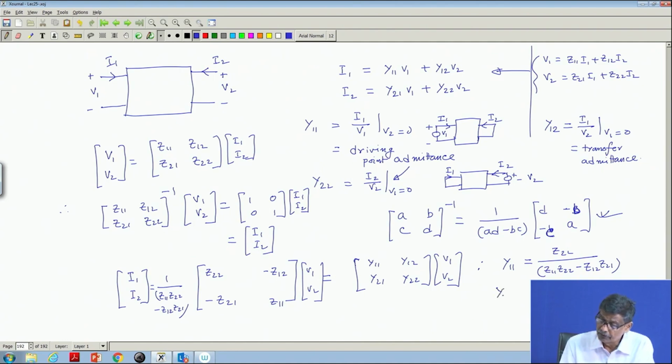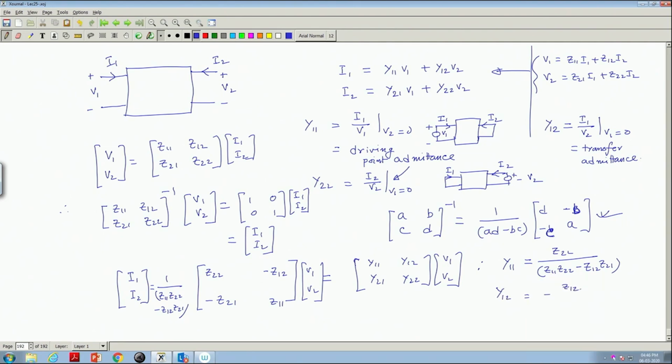Similarly, y12 will be minus Z12 divided by this determinant Z11 Z22 minus Z12 Z21. Let me write at least for one matrix to tell you the idea.